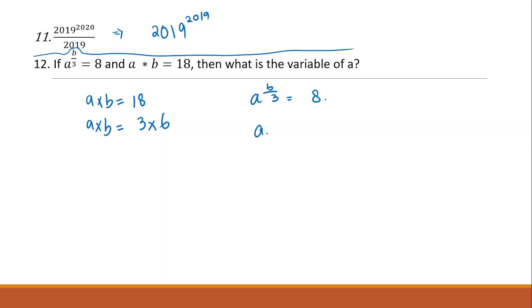So a will be 6 over a equals 8. So a to the power 6 over a equals... There is a problem in this question. Let's skip this question first, and if I get the answer, I will definitely tell you. But I think there is a problem in this question.